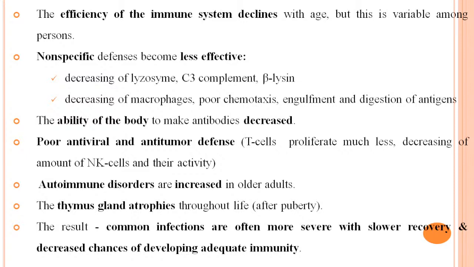Autoimmune diseases occur and sure cancer, because anti-tumor, anti-cancer immunity is not effective, because T cells are not so proliferated, not so active. Other cells, macrophages, are not so active. These cells produce main anti-tumor substances and activate anti-tumor cells.